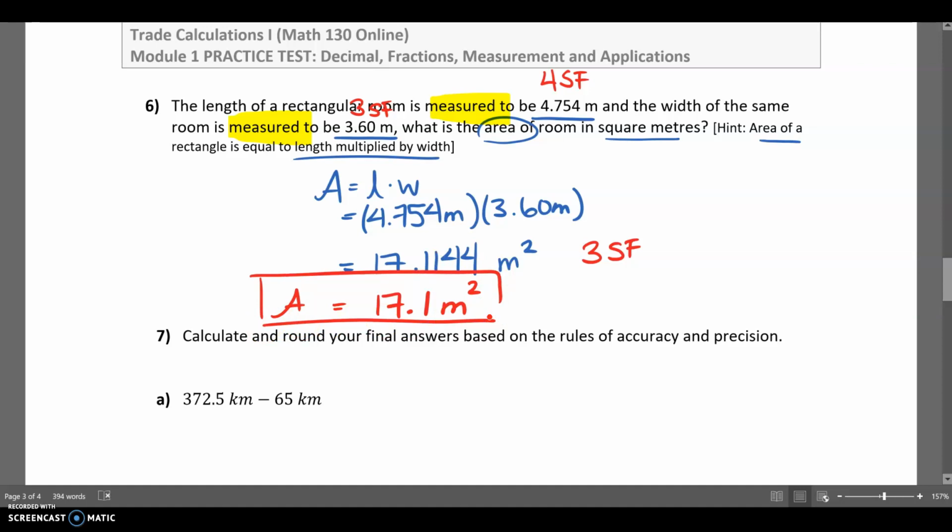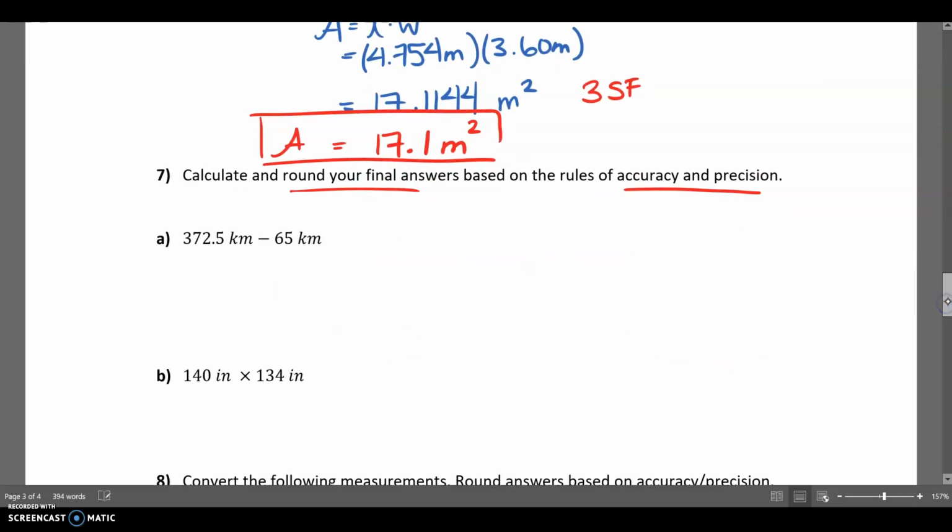In the next question, we'll again do our calculations and round our final answers based on accuracy and precision. So first we have 372.5 kilometers, subtract 65 kilometers. You can do the calculation, and we get 308.